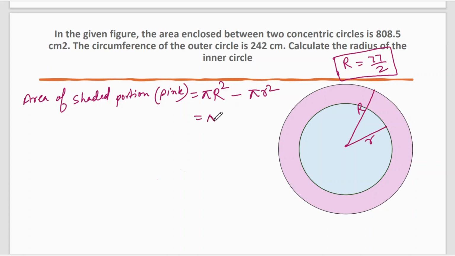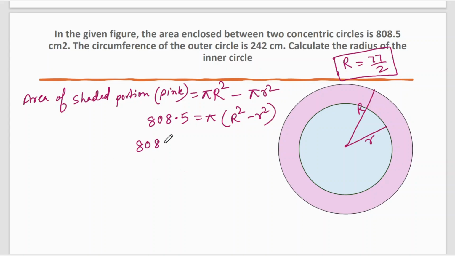So we take the pi as common, R square minus r square, and what is this? 808.5. So pi we will take as 22 by 7 now.